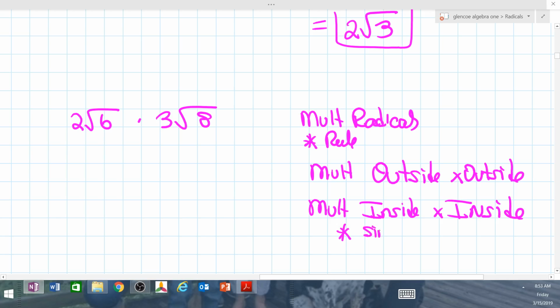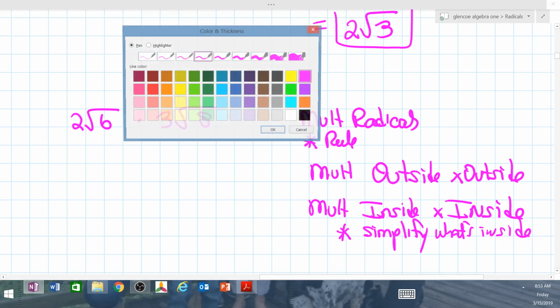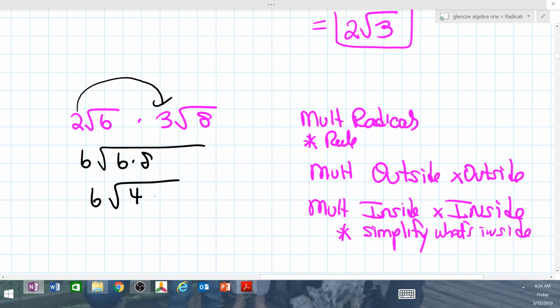And you simplify what's inside if it can be simplified. So let's just show you what I mean by that. You ready? So you're going to multiply outside times outside. So 2 times 3 gives me what? 6. And then you're going to multiply radical 6 times radical 8, which gives me 6 radical 48.